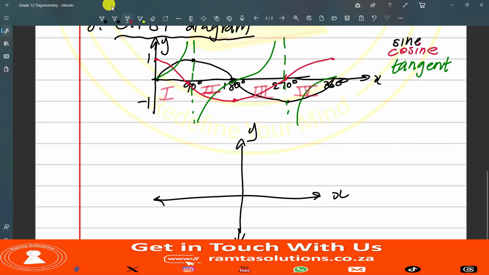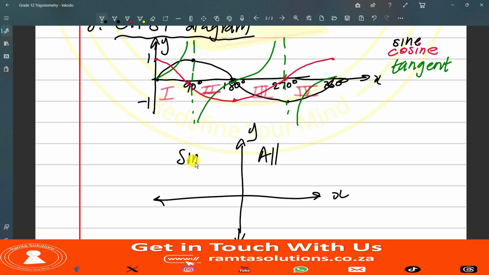Now let's talk. In the first quadrant, which ratio is positive? As you can see, it is all of them. In the second quadrant, which ratio is positive? Remember, to see the one that is positive, we're looking at what appears in the positive y-axis. It is only the sine.